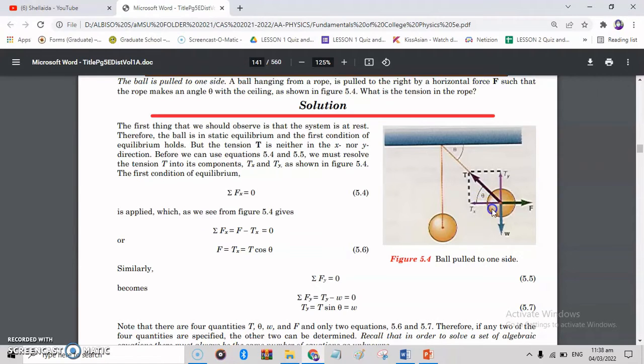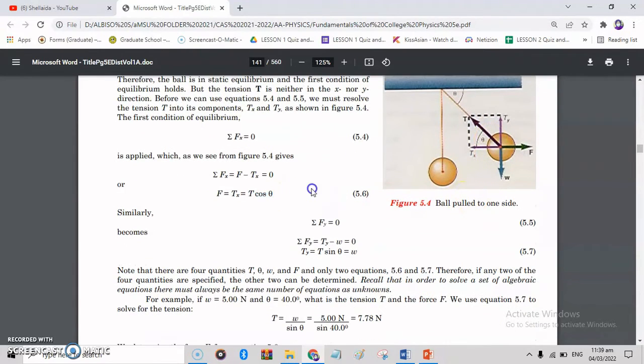Always remember that if your angle is with the x direction, it is cosine. So Tx is equal to T cosine theta. If you move Tx to the other side, it becomes positive Tx. So now F is equal to Tx, or simply Tx is T cosine theta. T is the tension in the rope. So this is our equation along the x-axis.